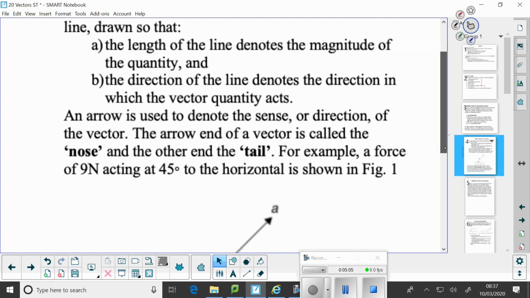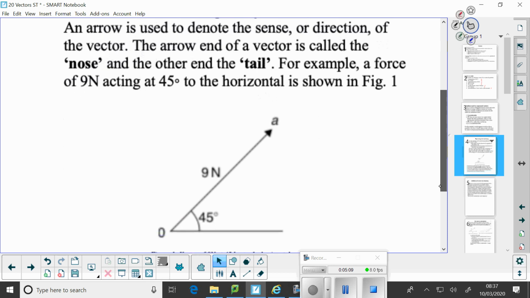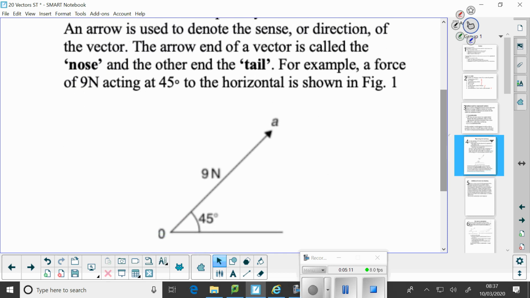Now, an arrow is used to denote the sense or direction of the vector. The end of the arrow is called the nose. So this is the nose up here where the arrow is, and the starting point is the tail. For example, that's a force of 9 newtons acting from base to the top. All fairly simple, I hope.